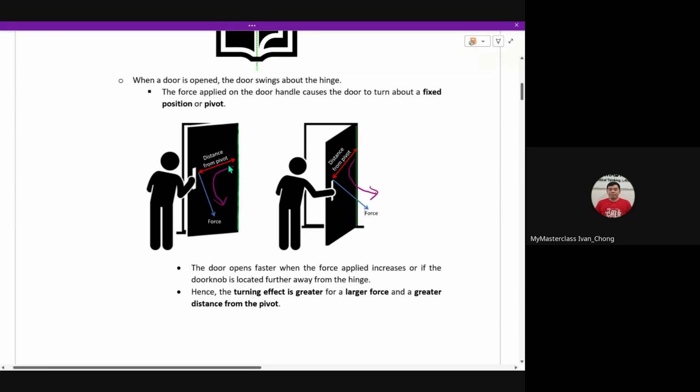So it's easier for you. This is also why, when you close the door to your room, please be gentle when closing it at the edge, because if you apply too much force and slam it shut, your parents will scold you. Please be careful about it.